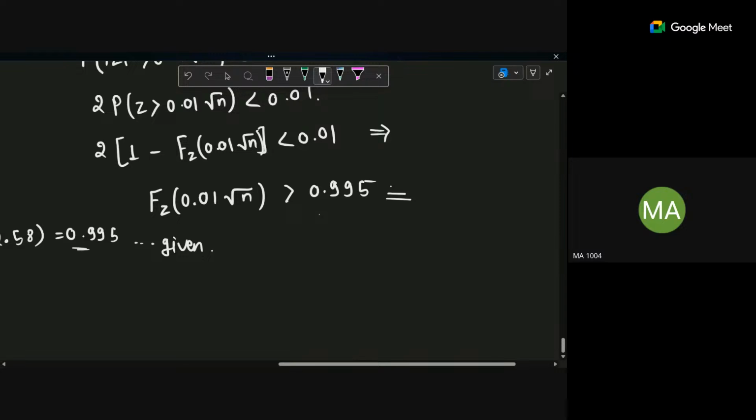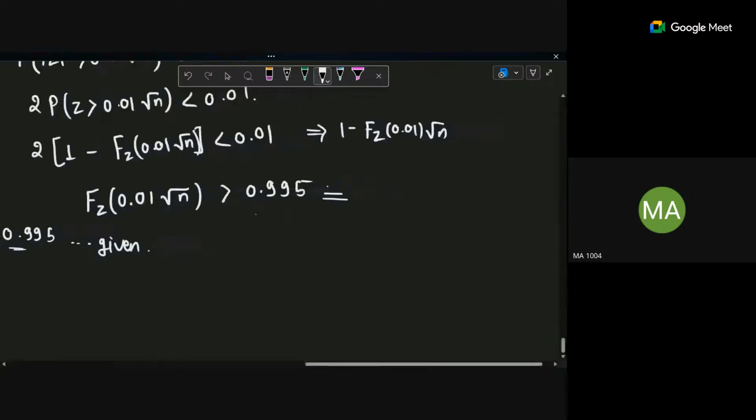I just did what I did: Fz of 0.01 square root n, this is 1 minus. I first divided it by 2. Then I subtracted 1 from both sides and reversed. Is it fine or should I elaborate?